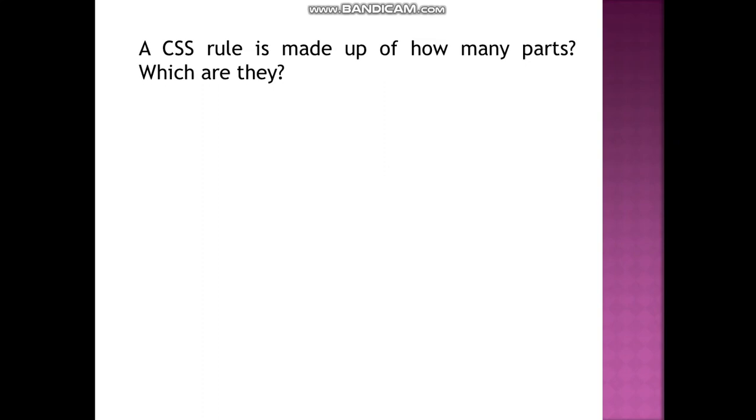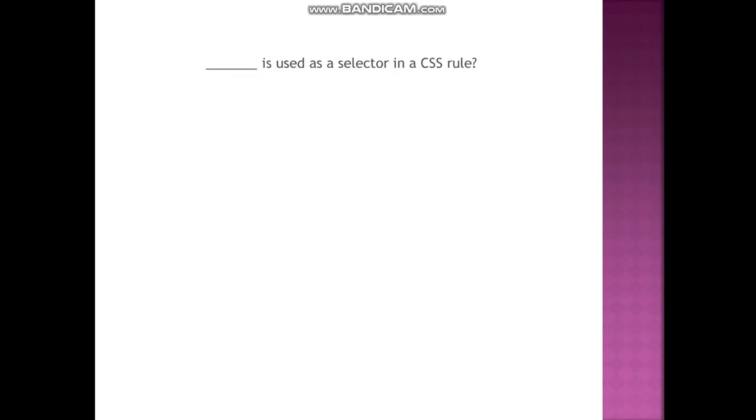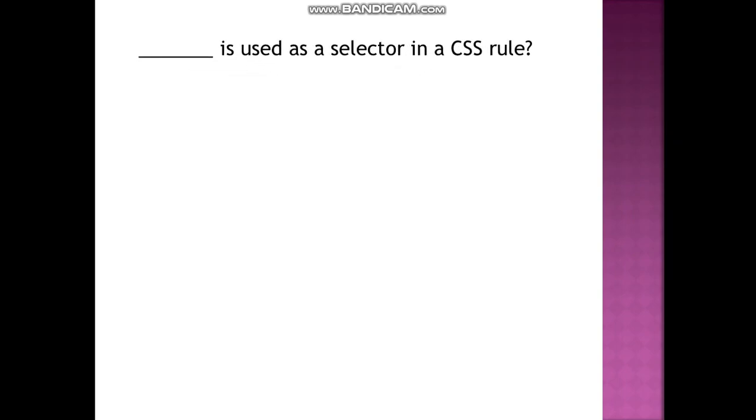A CSS rule is made up of how many parts and which are they? A CSS rule is made up of two parts. They are selector and declaration. What can we use as a selector?